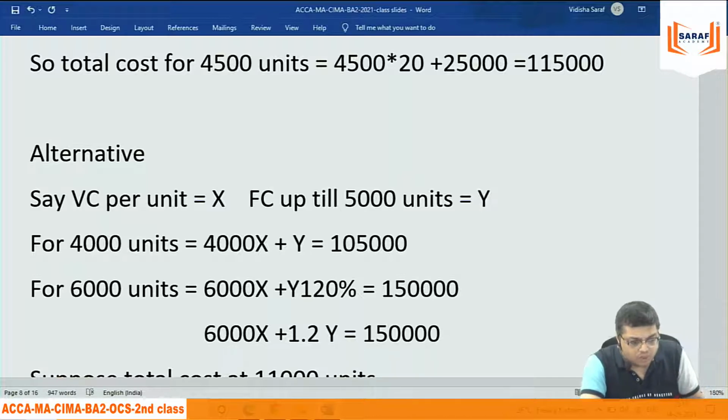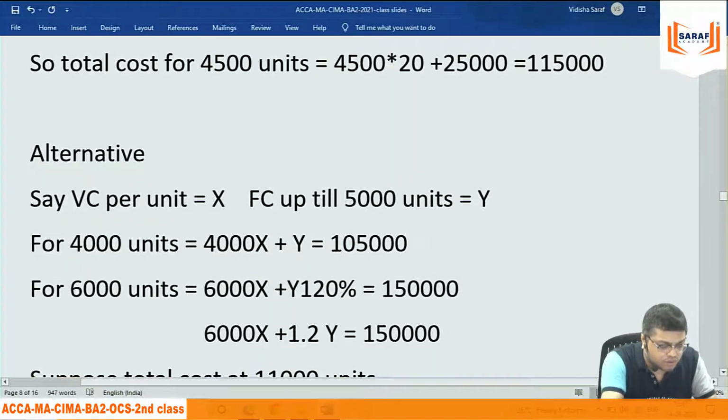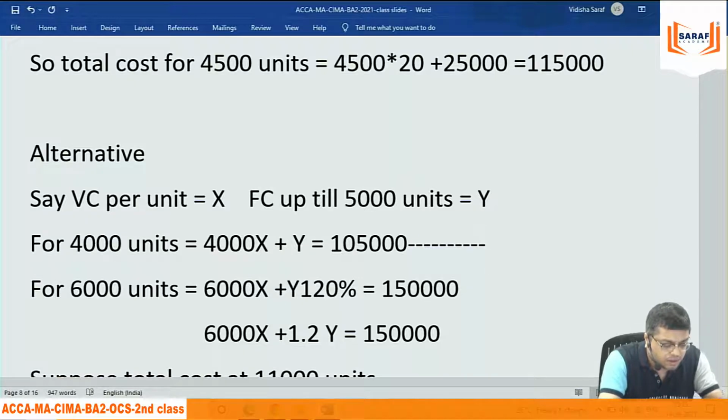One equation is 4,000 X plus Y equals 1,05,000. Another equation is 6,000 X plus 1.2 Y equals 1,50,000. Solve simultaneously. This is the first equation, and this is the second equation.